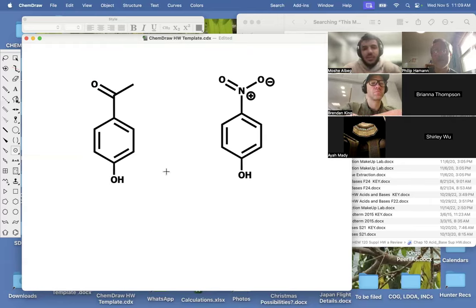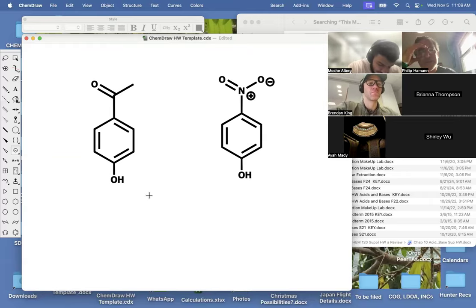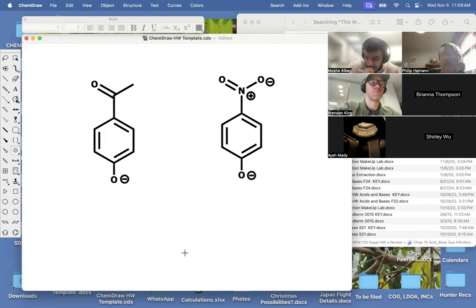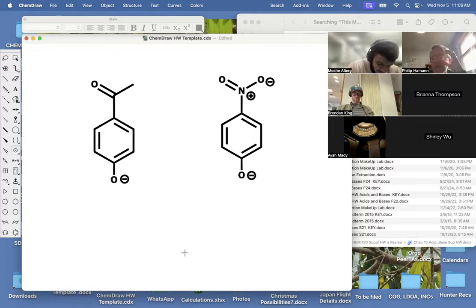Oh yeah, because that one has both nitrogen and oxygen. So the first thing we need to settle is which is more acidic, which means which of these two is more stable. So which one does resonance stabilize better? This is as much practice drawing resonance structures as it is an acid-base question.